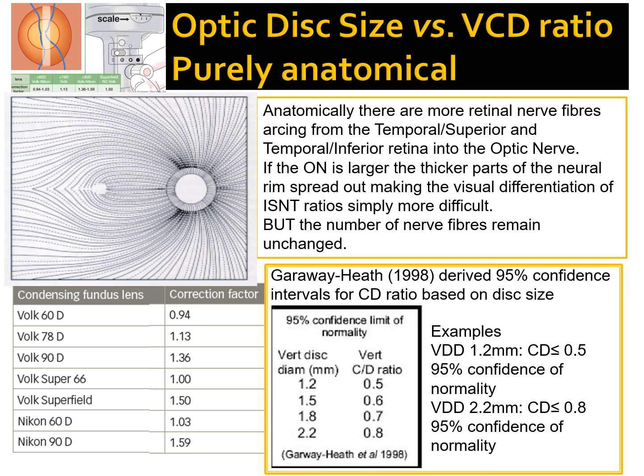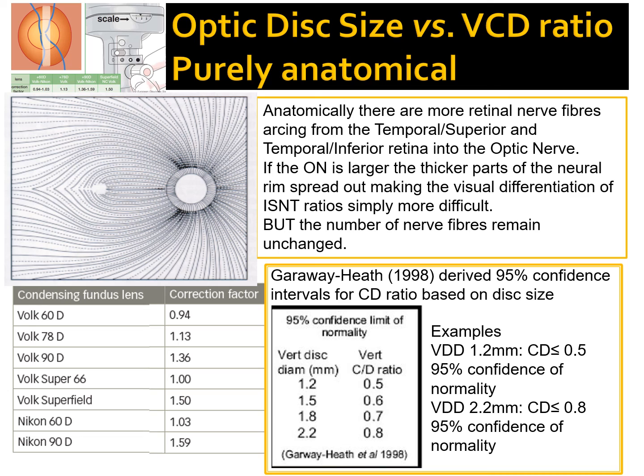Now, Garway-Heath in 1998 decided to study this a little bit, and he found that statistically speaking, for instance, if you had a small disc of 1.2 millimeters, so long as the CD ratio was less than or equal to 0.5, you had a 95% confidence that that was normal.